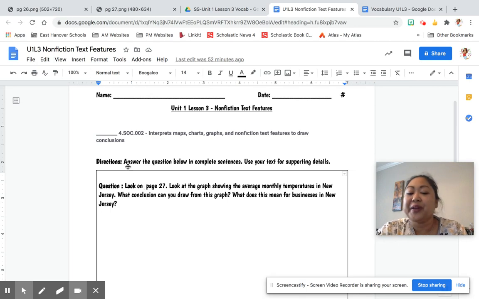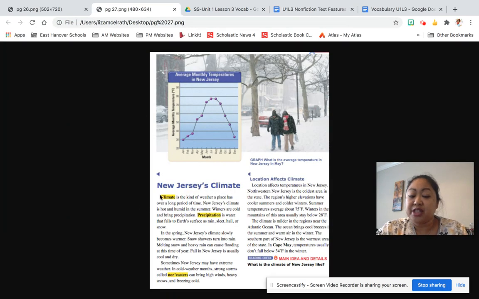So here's what I want you to think about. You have to draw a conclusion. So what can you say if you look at the months and you look at the graph? What can you say about the climate in New Jersey? Right? So looking at the months and looking at the temperature.